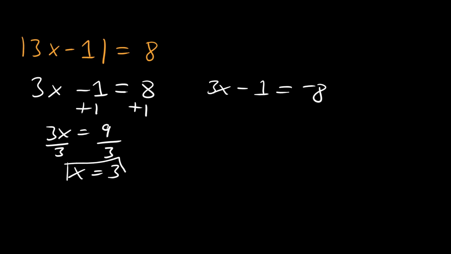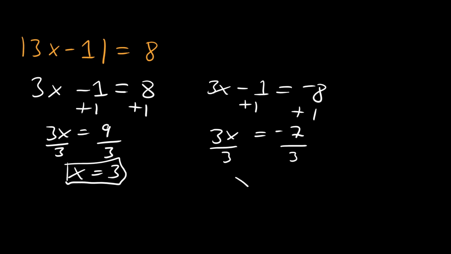This is the first. Let's add 1 here too. That will be 3x equals negative 8 plus 1, which is negative 7. Let's divide by 3. So x will be equal to negative 7 over 3. Again, you can substitute, and you should get this value with either one.